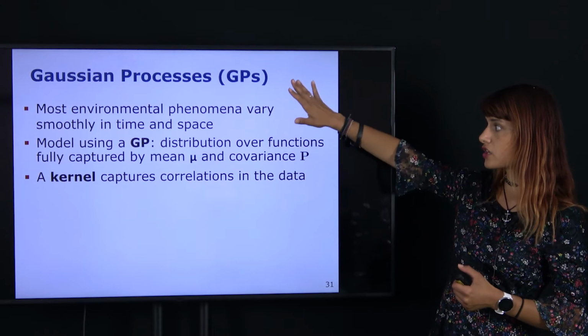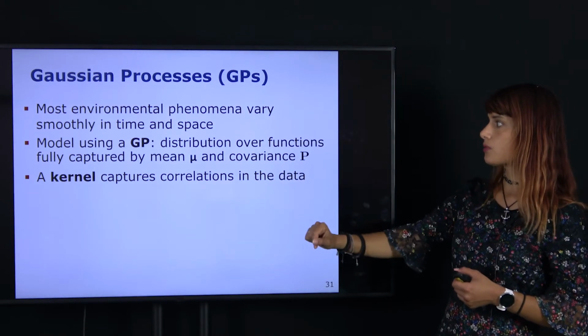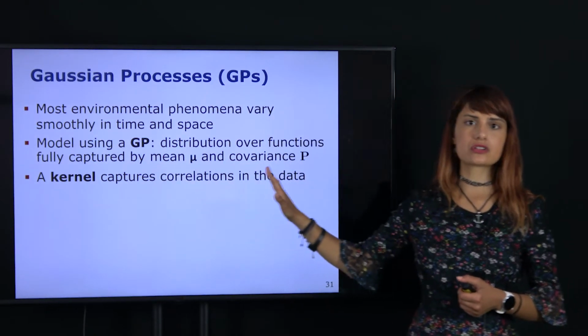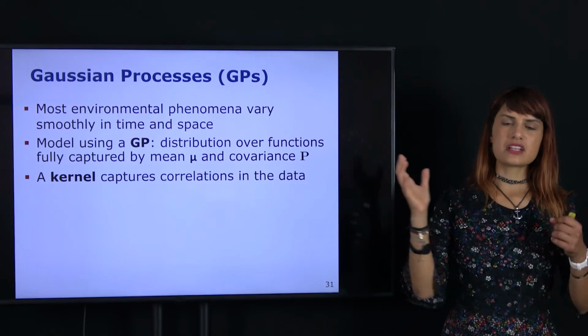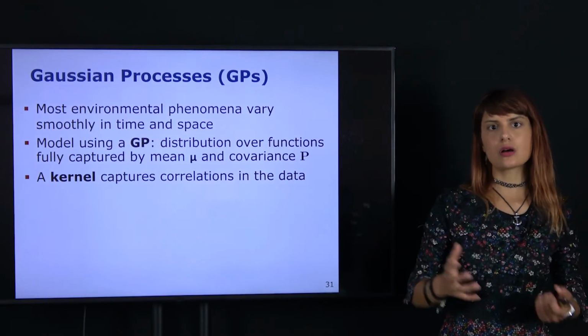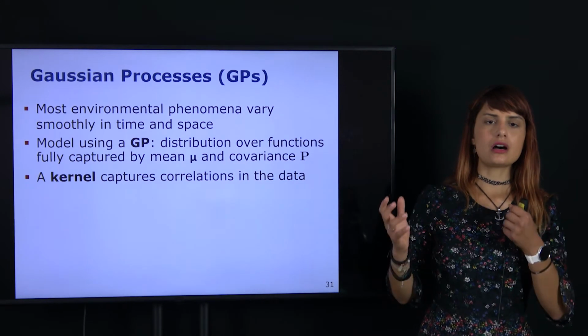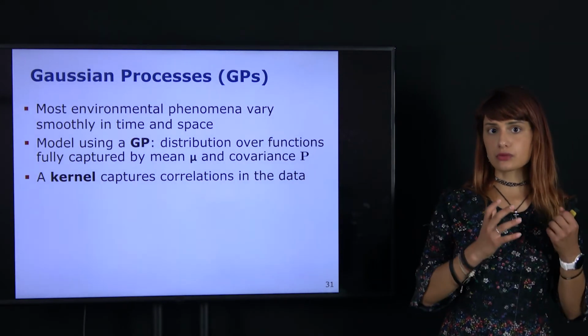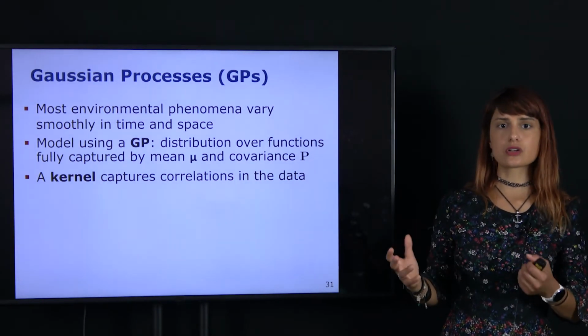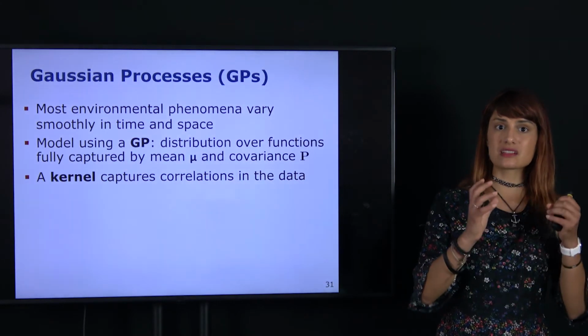So the GP is a very natural way of doing this, where we have a prior distribution of functions, and then based on some data, we can infer a posterior distribution, in a sense do a regression, and from this figure out the distribution over a field given some limited data.